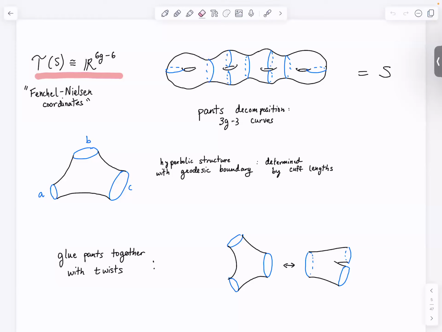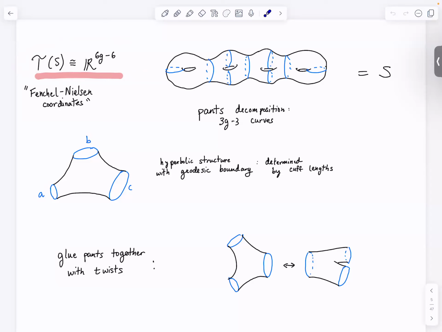That gives me 6g minus 6 independent positive real numbers I can choose. So that's how I can see that the Teichmüller space is a ball of dimension 6g minus 6. Anyway, you can make all the hyperbolic structures in Teichmüller space in this way.